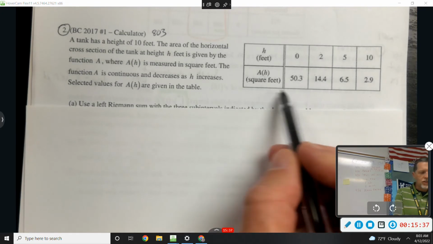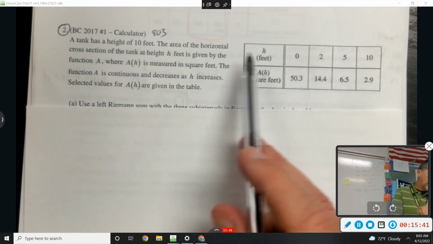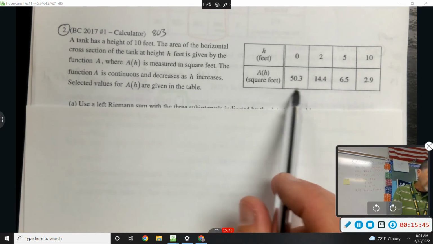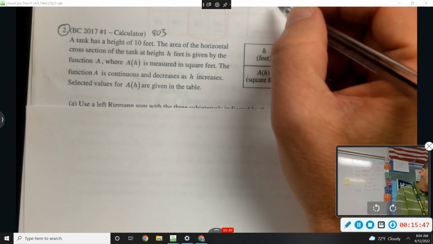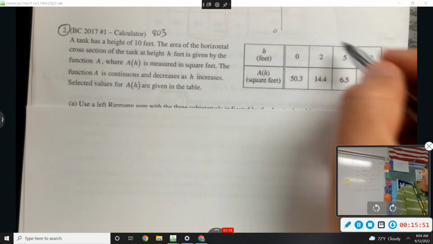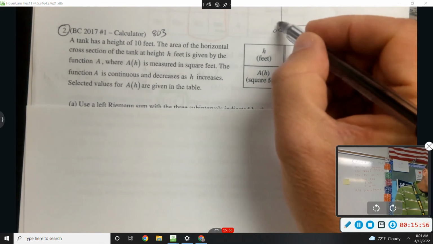Okay, so as we move up this tank, depending on where we are, there's the area of the cross-section. So if height is 0 up to 10, at 0 it's a big cross-section. At 2 it's a little less.